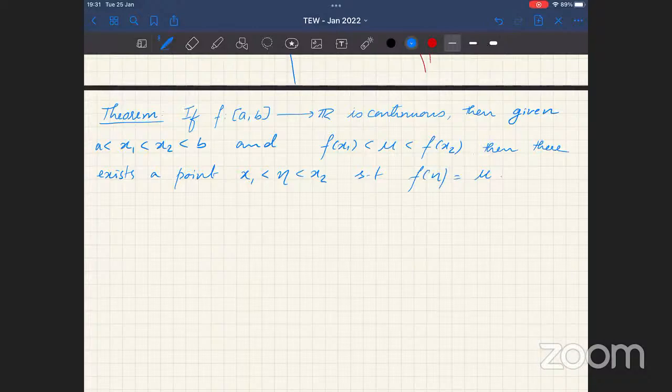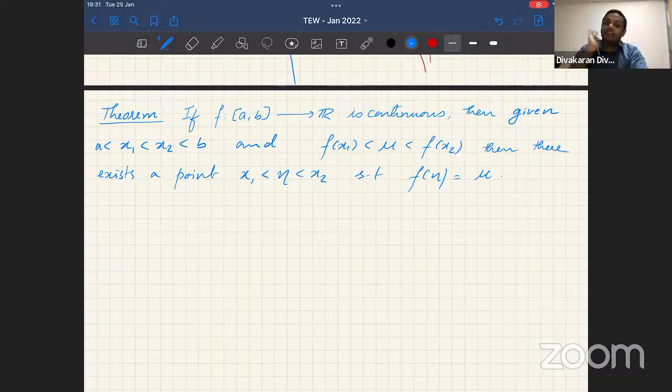So this is really the intermediate value property, right? Given any 2 points between a and b, and a number between f of x1 and f of x2, you can find a point between x1 and x2 such that f of nu is equal to mu. This is the statement of the intermediate value theorem. So let's try to see what the proof is.